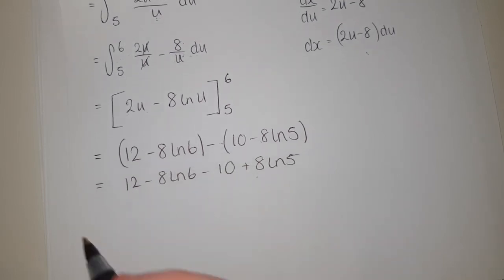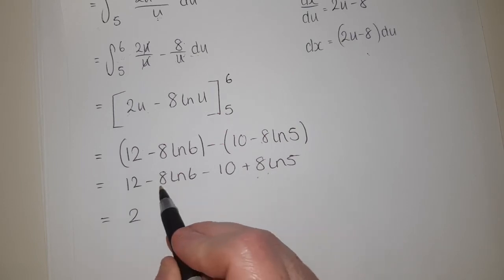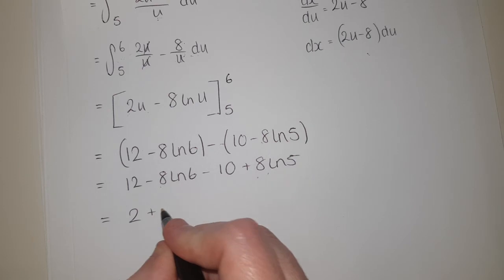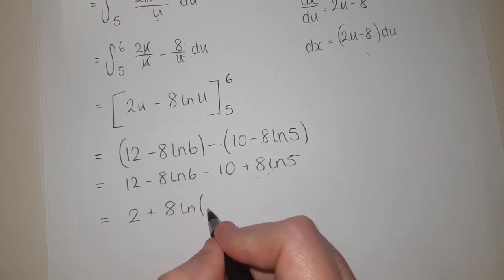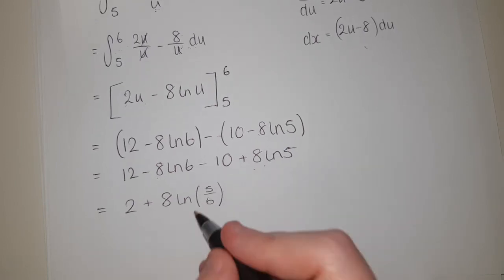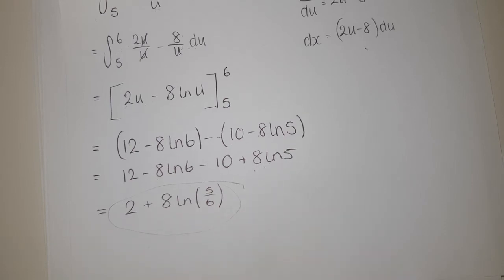In which case 12 subtract 10 is 2, and you've got 8 ln 5 minus 8 ln 6. Now, because the multiples are the same on both, I can just leave it as an 8 outside. And when you're subtracting, we write it as a division. So just be very, very careful manipulating your logs. But that's it. That's our exact value for the integral of our equation.